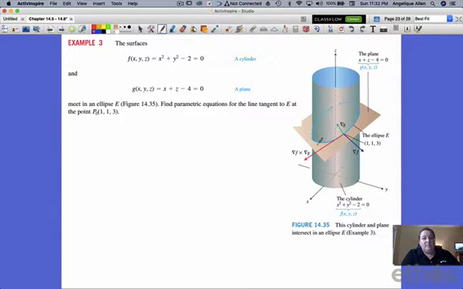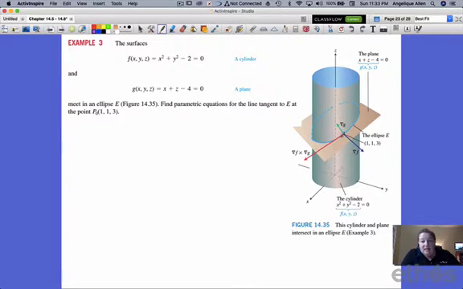And so we want to find parametric equations for the line tangent to this ellipse E at the point (1, 1, 3) right here, okay? Notice they've given us some hints in the work here. We need to find gradients and we need to cross them.